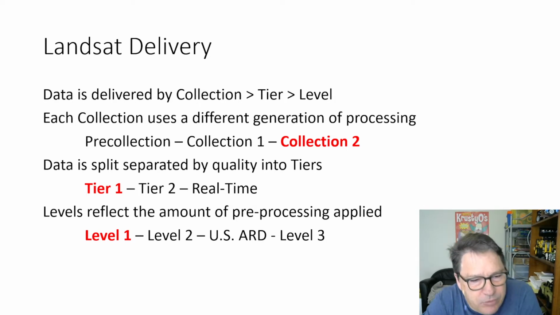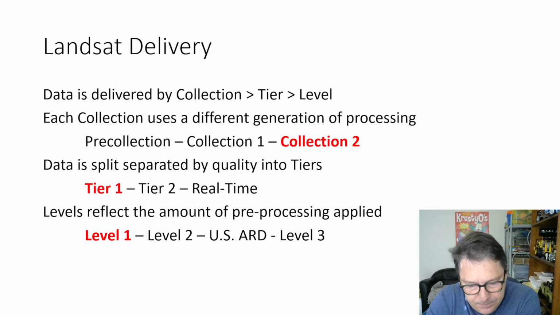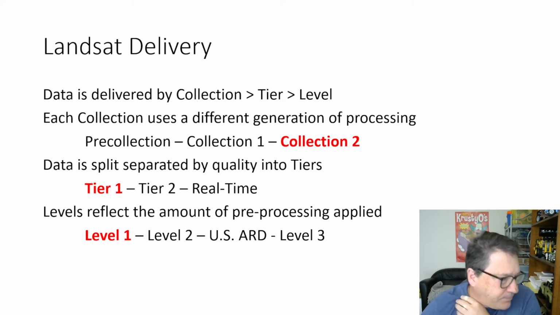So level 0 would be your raw data, gets processed by the USGS, and it produces level 1. So level 1 is where you get started. That's the data that comes off of the satellite at its sort of base level. Beyond that, you go to more and more higher levels of processing.